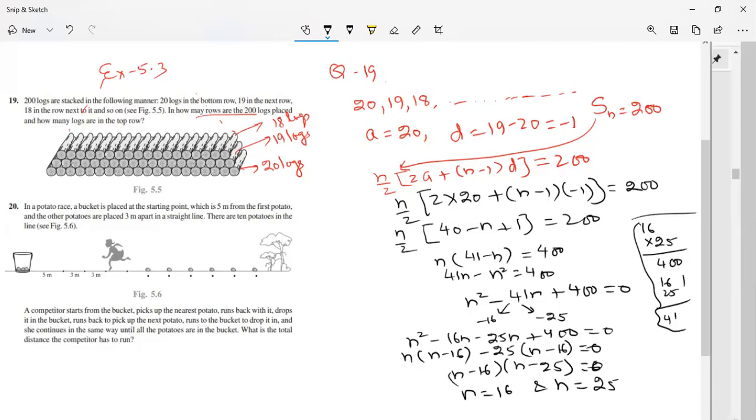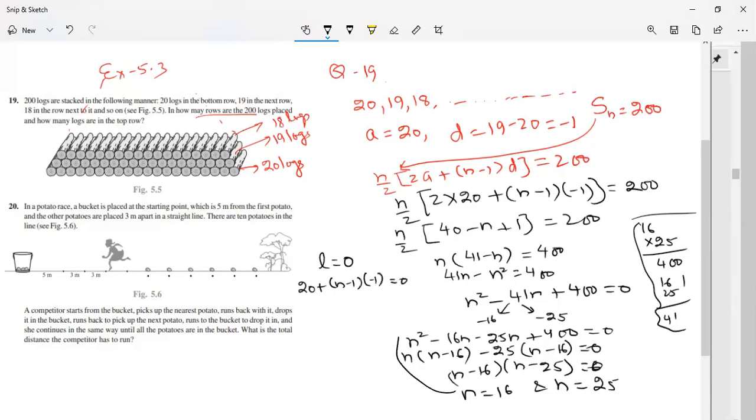Actually, we have to check when the logs will become 0, meaning the last term, when the last term L will become 0. What is a? 20 plus n minus 1 into the common difference minus 1 is equal to 0.